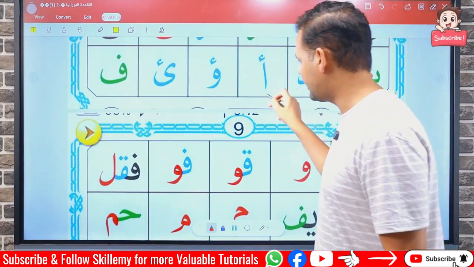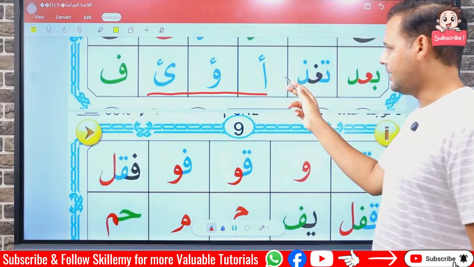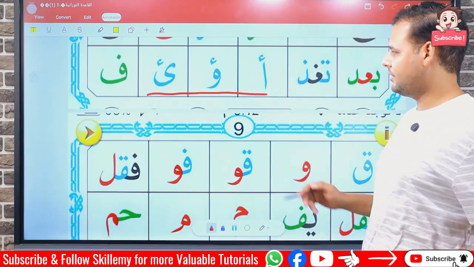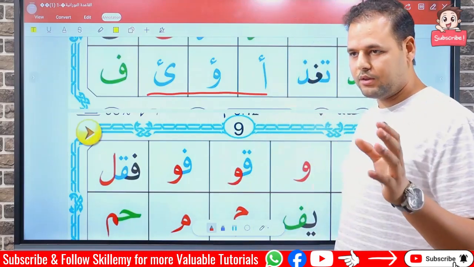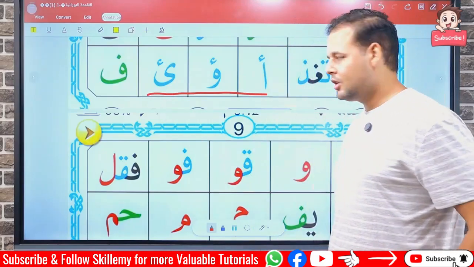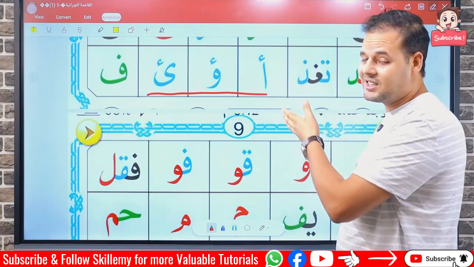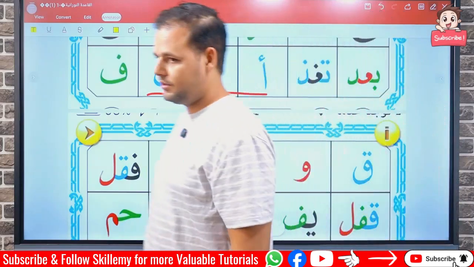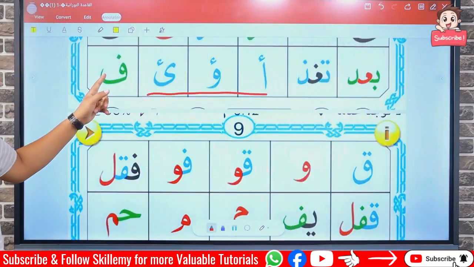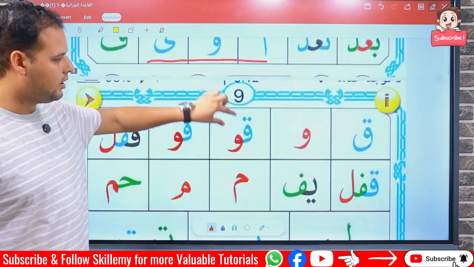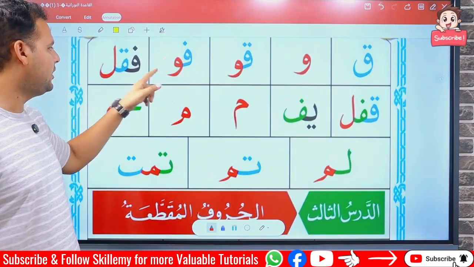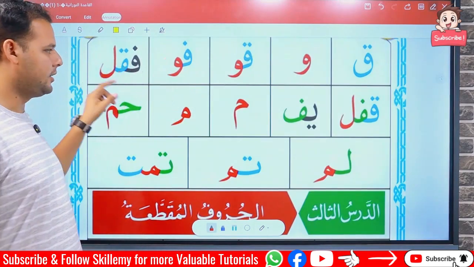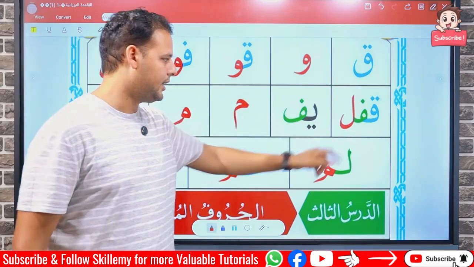Now look at this one. That's a, okay? And here is a, and here is also a. When the a or the hamza comes on top of a letter, it replaces the letter and stays, okay? And then we have here fa, and then qa, wa, qawa, fa, wa, and then fa, qala, then qa, fa, la.